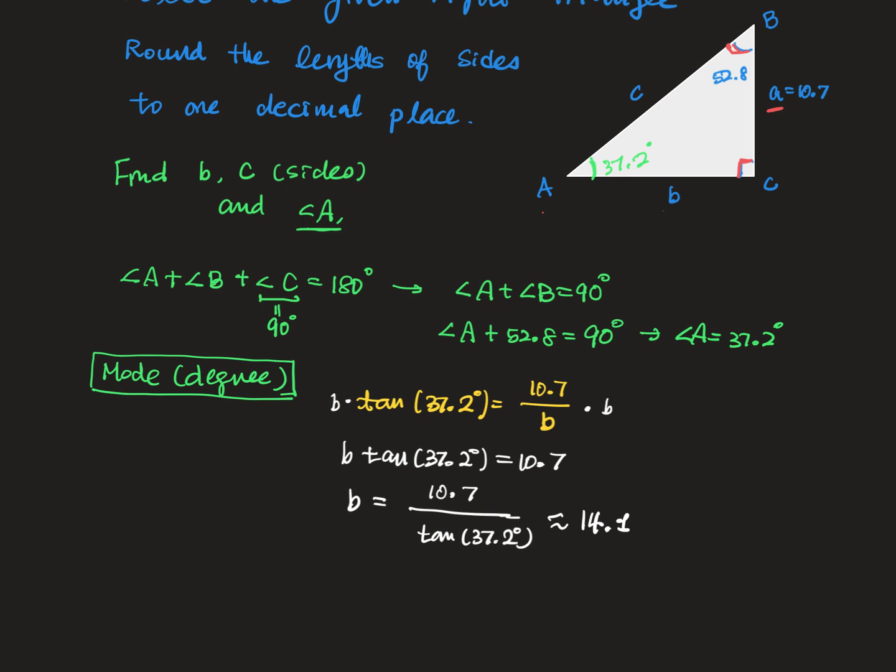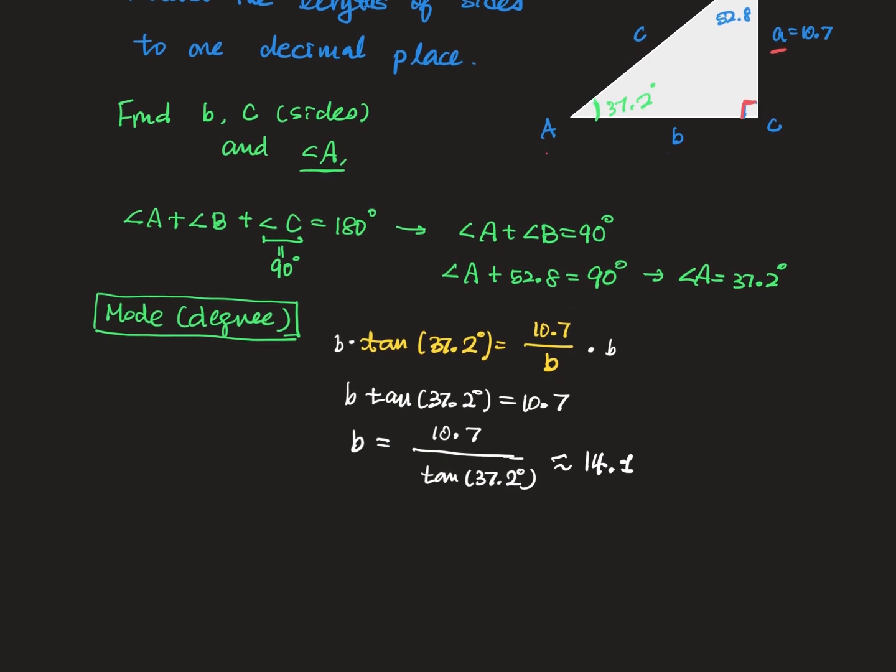So now you have to find the c value. c is the hypotenuse. You have a couple of ways to find the c value. Pythagorean theorem, you could use sine, you could use cosine. But I'm gonna use the Pythagorean theorem. c squared equals a squared plus b squared. So a is 10.7 squared, b is 14.1 squared.